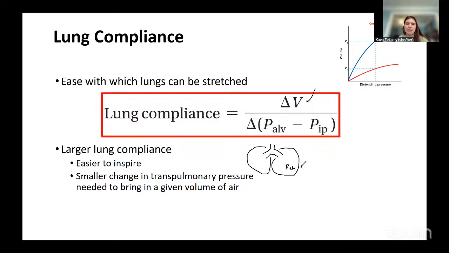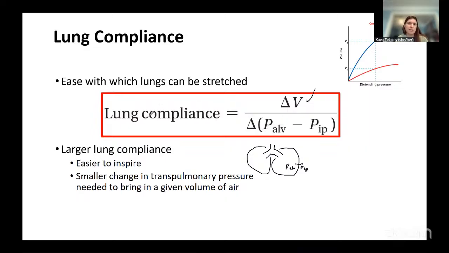And then we had that intrapleural pressure in the pleural sac surrounding the lungs, right? That keeps them kind of suctioned to the rib cage. And now we have this pressure difference, the transpulmonary pressure across the wall. So this pressure difference across the wall of the lung, that transpulmonary pressure, is what has to pull our lungs open ultimately. It has to distend them, has to change their shape, right? So that's how we would measure our lung compliance.